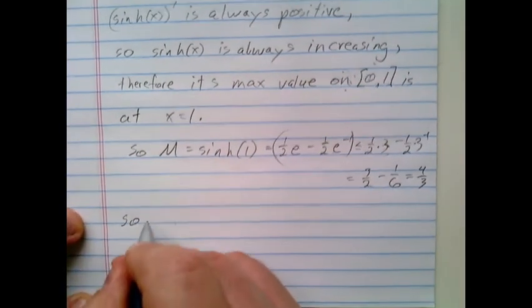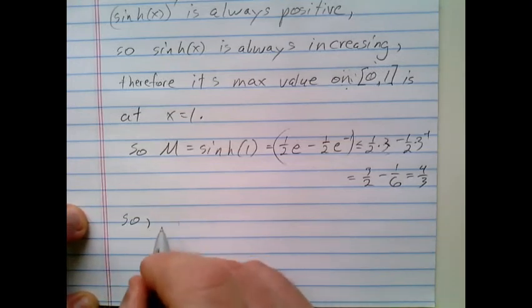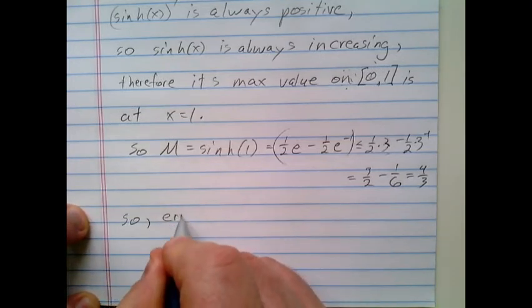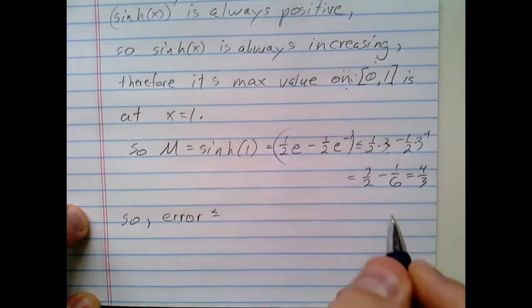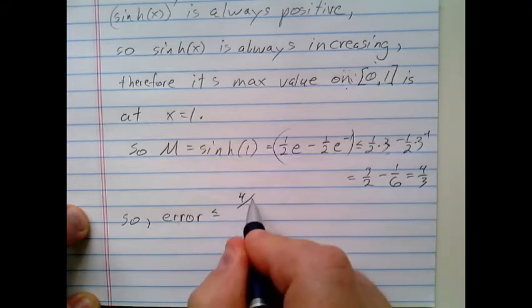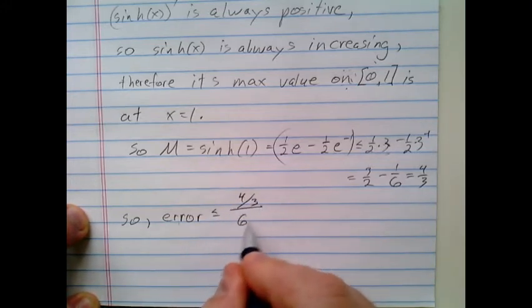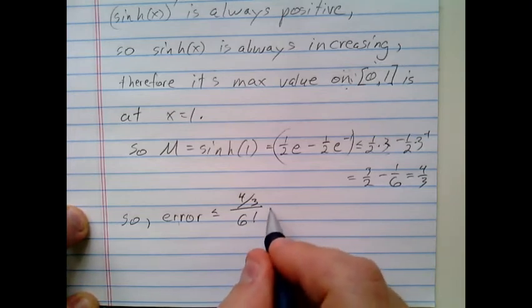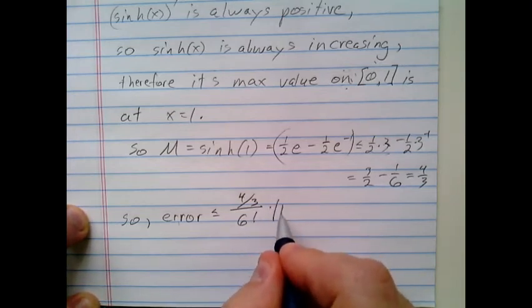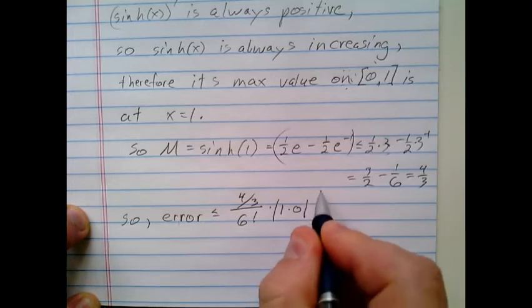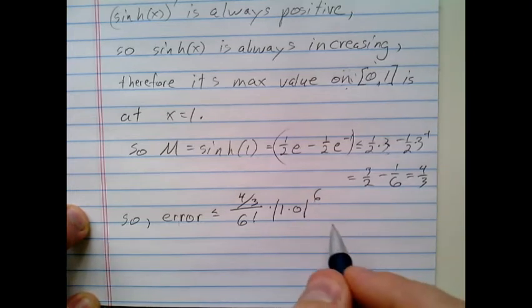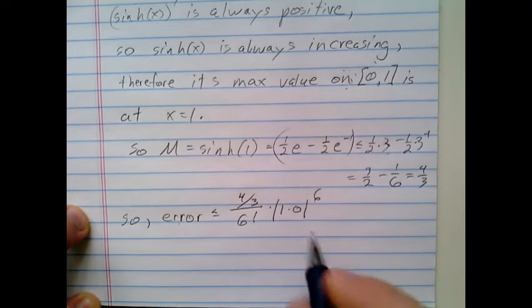So our error is less than or equal to 4/3 divided by 6 factorial times the absolute value of x minus a to the 6th, where x is 1 and a is 0. So that's all just 1.